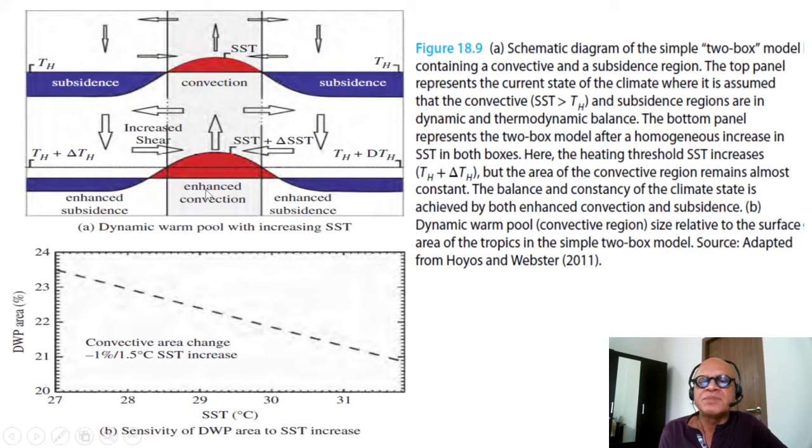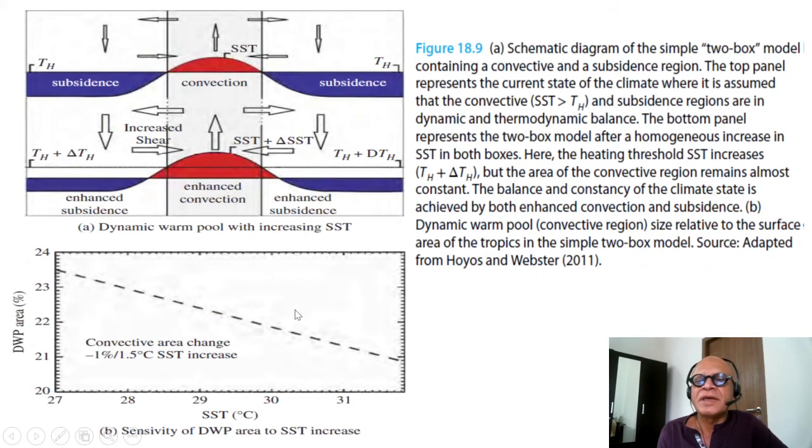This represents the two box models after a homogeneous increase in SST in both boxes. So you have increased the SST here, and as you can see, probably increased the area as we see in observations. And as we know already, as SSTs increase, the threshold temperature at which the column integrated heating changes from negative to positive also increases. So you have TH plus delta TH there.